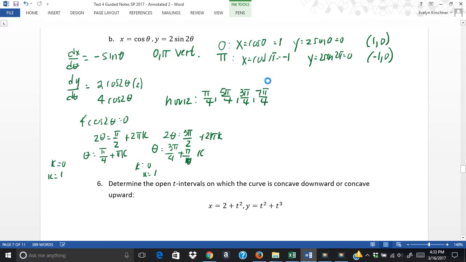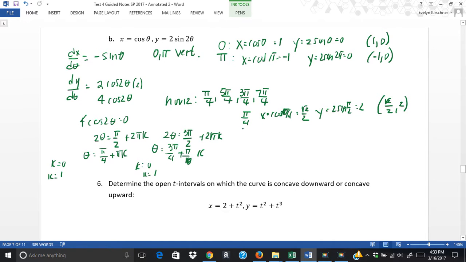So now what I need to do is find all my x's and y's. So at pi over 4, x is cosine pi over 4, which is radical 2 over 2, and y is 2 sine pi over 2, which is 2, so I have radical 2 over 2, 2.